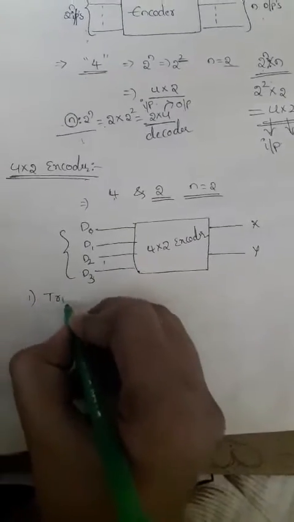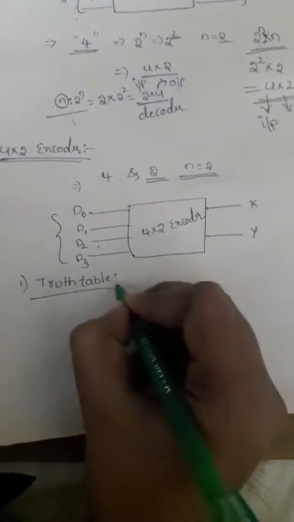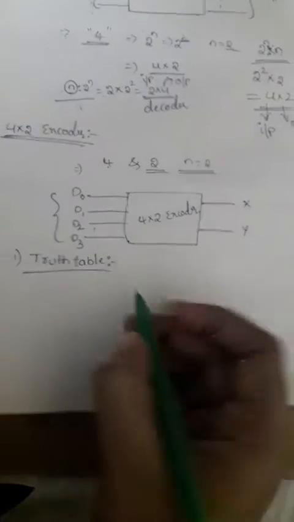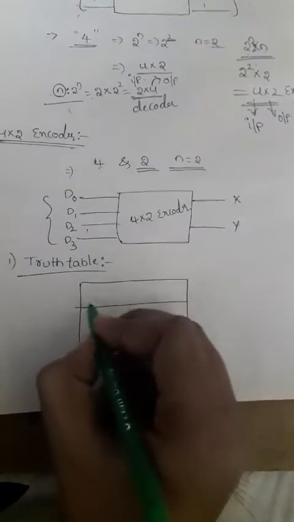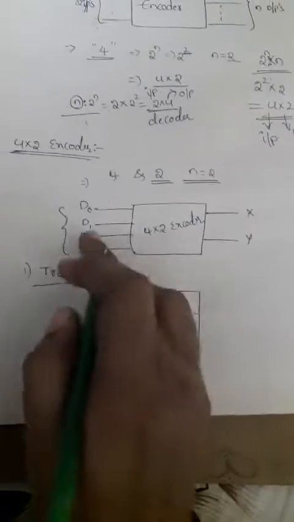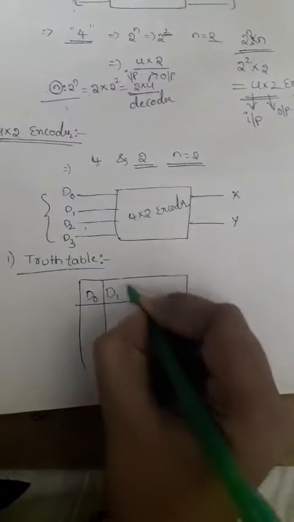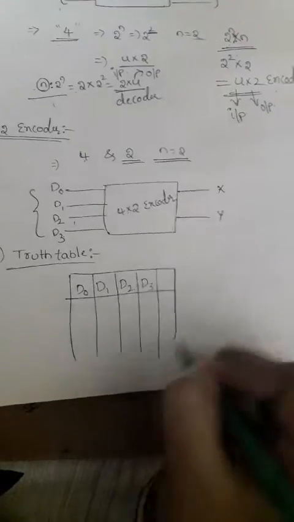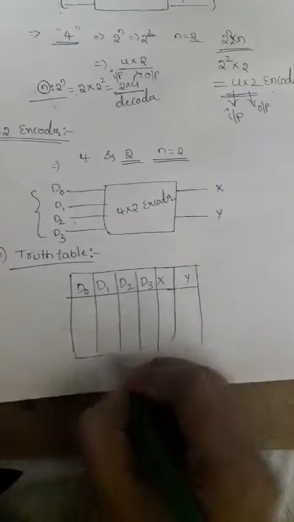How to make the truth table depends on the input lines and output lines. That means the relation between input lines and output lines gives us the truth table, right? So here also I am choosing a truth table between input lines and output lines. How many input lines are we having here? 4 input lines: D0, D1, D2, D3, and the output lines will be X and Y.